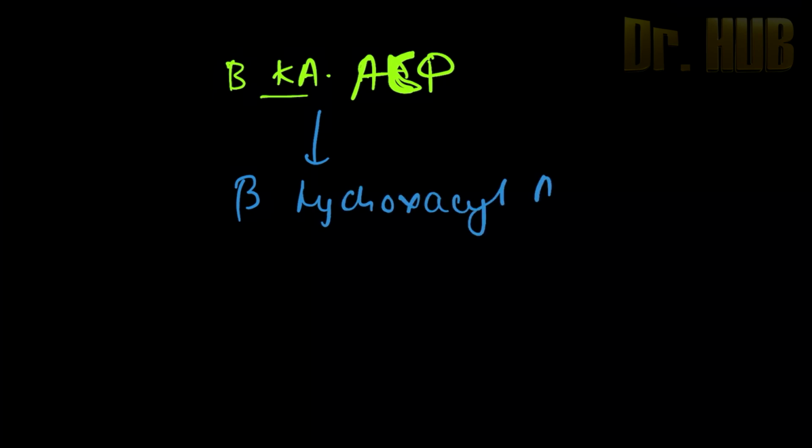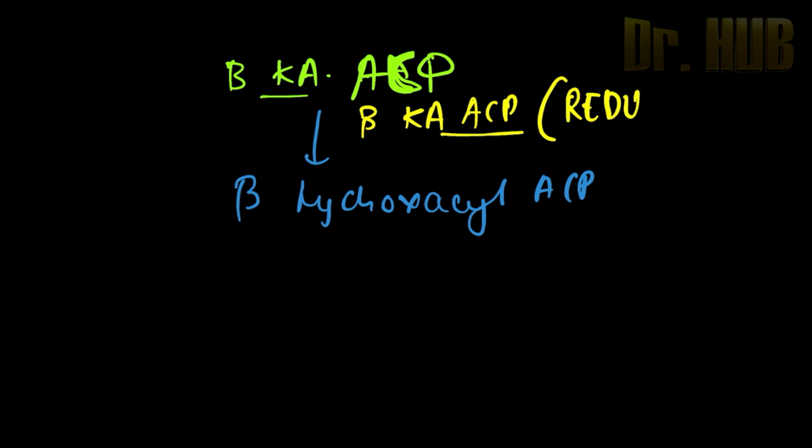Between the beta ketoacyl ACP and the beta hydroxyacyl ACP, the enzyme involved is the beta ketoacyl ACP reductase. So here the enzyme is a reductase, which is converting the ketoacyl ACP to the beta hydroxyacyl ACP.